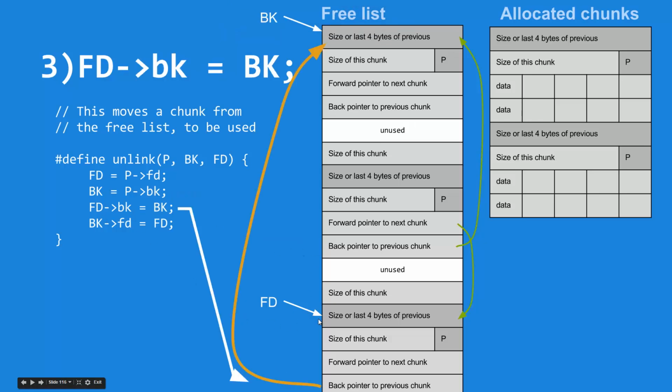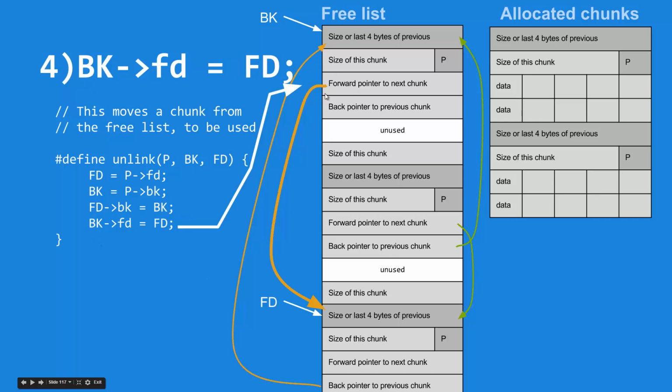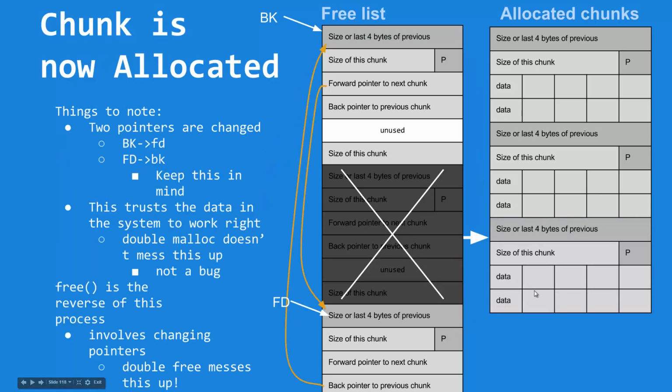Now we're going to go to the next pointer, the next free chunk, redirect its backwards pointer to point to BK, and go backwards and redirect its forward pointer to point to FD. Thus, this is completed, and now it is unlinked, and it is ready to be returned to the user for use.